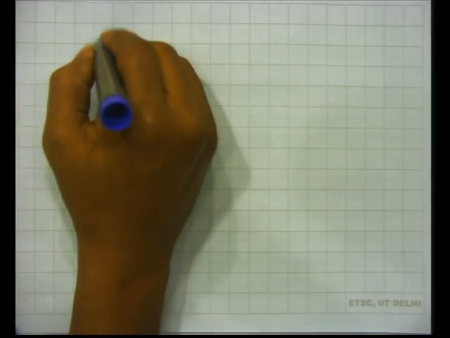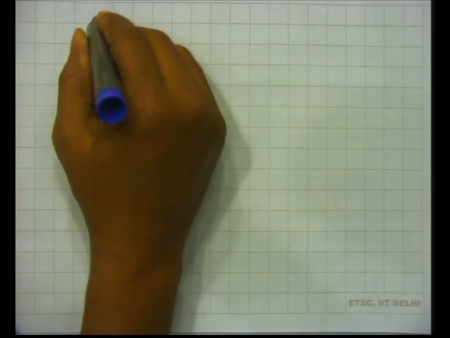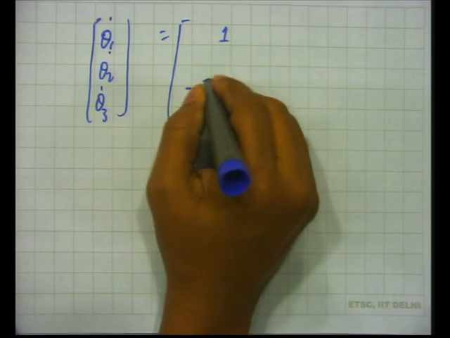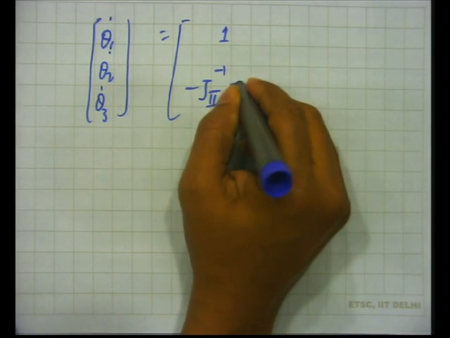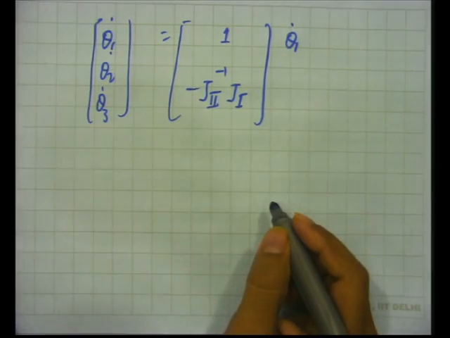So, I write theta 1 dot, theta 2 dot, theta 3 dot as 1 minus J2 inverse J1. Okay.